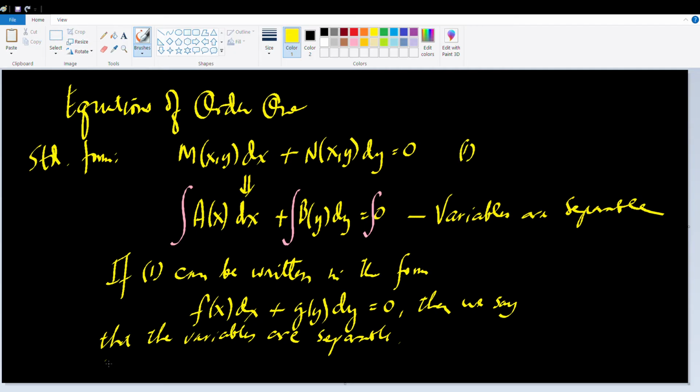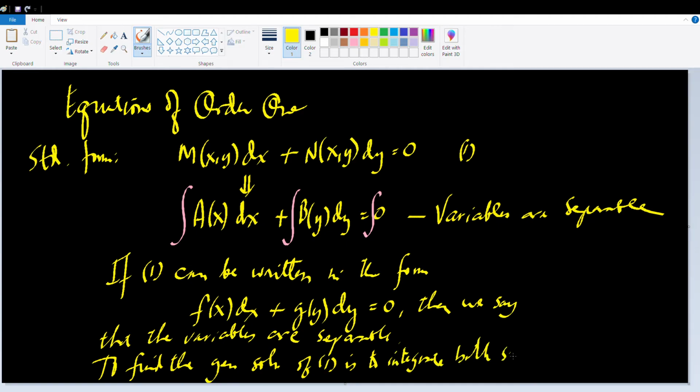So to find the general solution of the differential equation 1 is to integrate both sides of, let us call this equation 2. Right? So it's as simple as that.